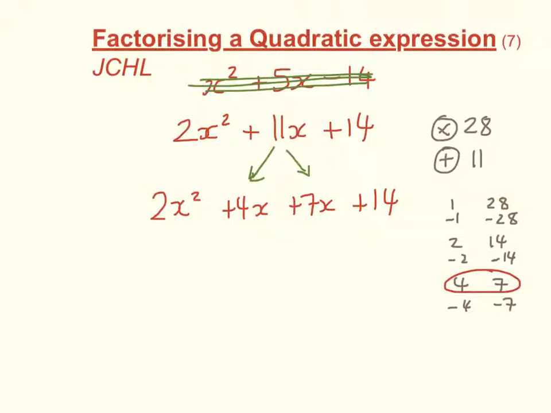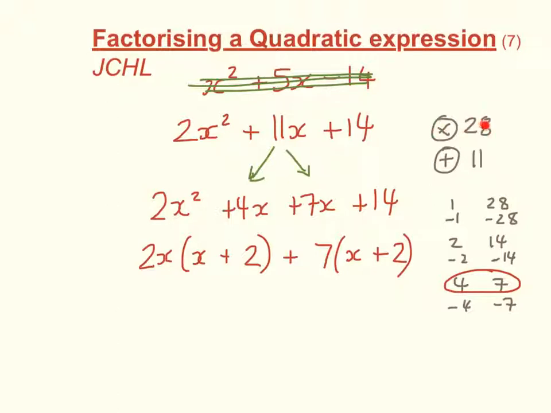Well, we can see that 2x goes into 2x squared and 2x goes into 4x. Likewise, looking at the second pair of terms, we can see that 7 goes into both of them. So 7 goes into 7x and 7 goes into 14.